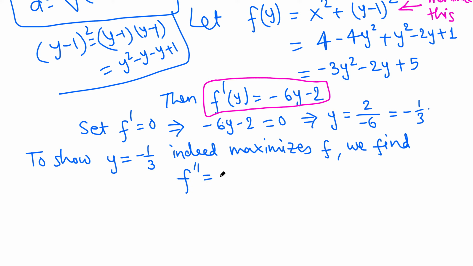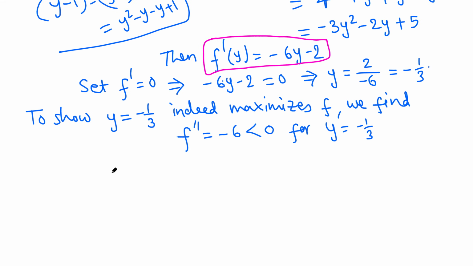That is -6. Okay, which is always negative regardless of the value of y, because there is no y. This is less than 0 for any y, but for our y as well. For our y, the second derivative is negative. That implies y = -1/3 maximizes the function f.